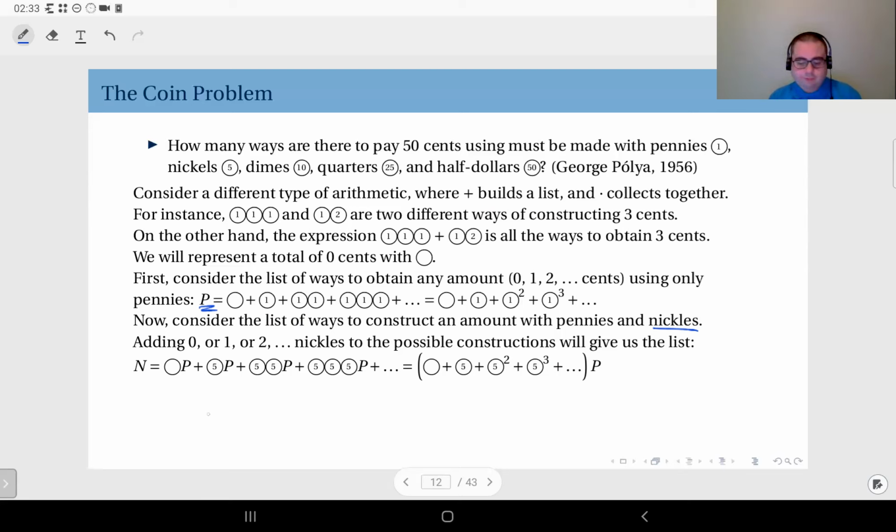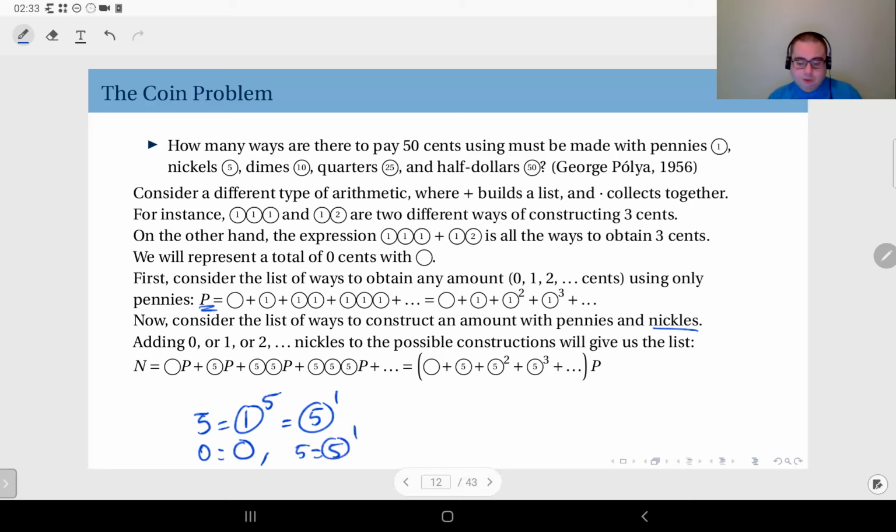So for instance, the total 5 can be represented as 1 to power 5, but it's also equivalent to 5 to power 1. Why? Because 0 is equal to the empty coin, and if you add a 5 to this, you get 5 equals 5 to power 1.